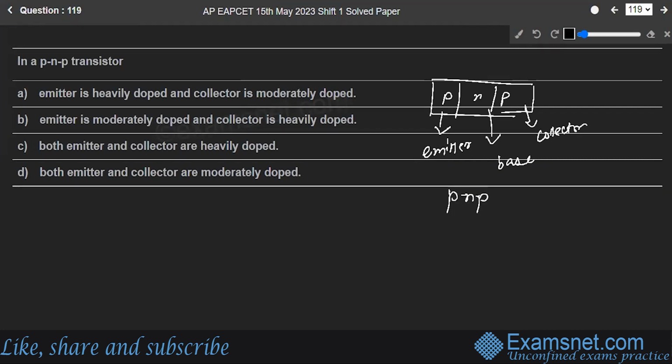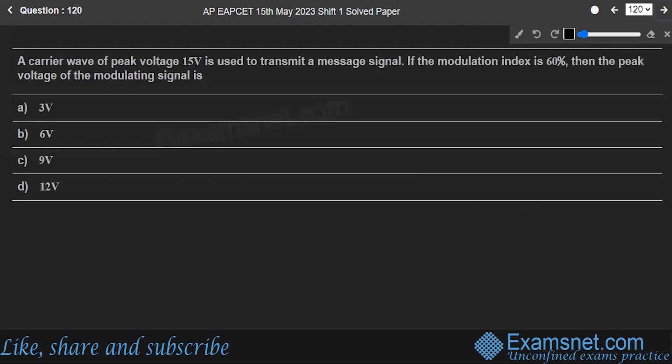This is your PNP transistor. See, in a transistor, the emitter is heavily doped because it has to inject a large number of charge carriers into the base. And the base is lightly doped and very thin. It passes most of the emitter injected charges. Collector is wider than the other two regions and moderately doped. This is done to collect the majority of the charge carriers from the emitter. That makes the first option the correct answer. Hope you understood. Next is question number 120.